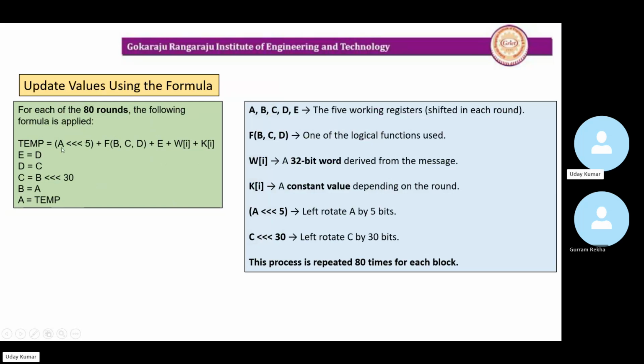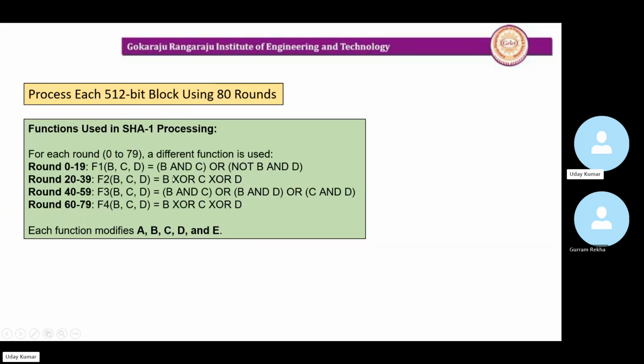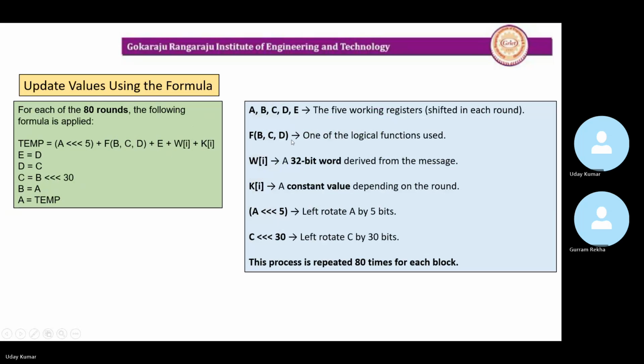A is left rotated by 5 bits, F of B, C, D you have seen previously, and A, B, C, D, E are the 5 working registers, that is H0, H1, H2, H3, H4. W of i is a 32-bit word derived from the original message. K of i is the constant value. This step is performed 80 times.